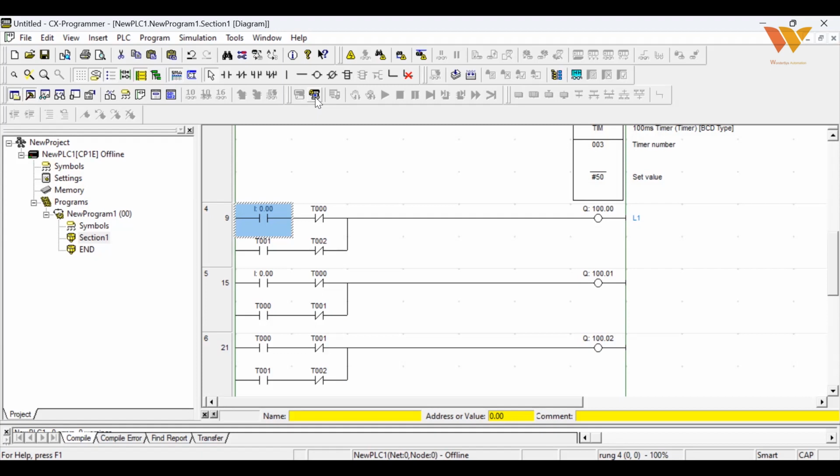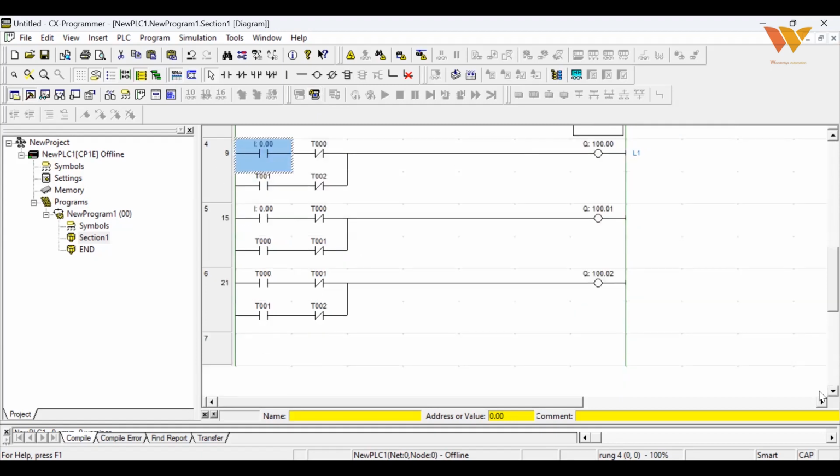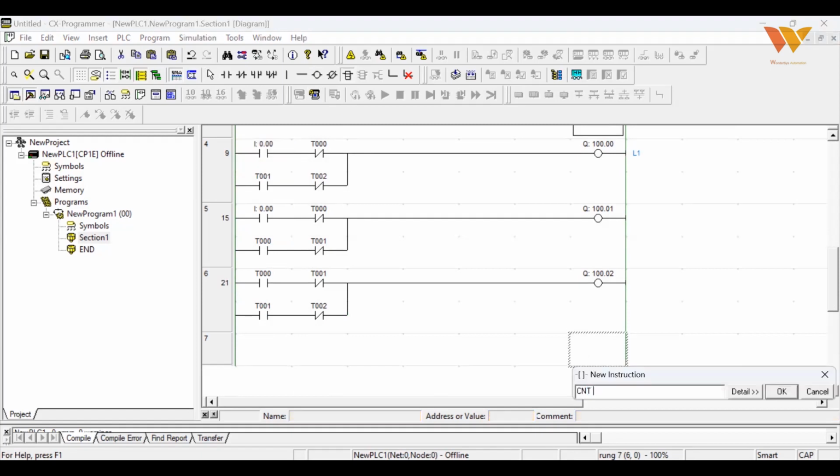Now I want to repeat this process only 5 times. Then what should I do? Can anyone tell me how I should do that? You need to add a counter, madam. Okay, I will take the counter, C0 with preset 5.